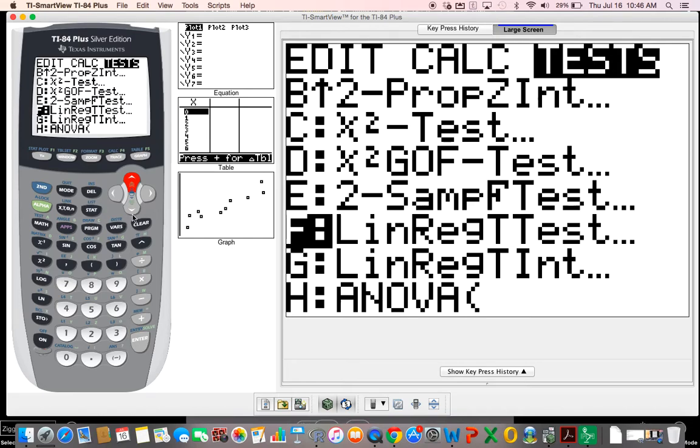Some of you have got LinReg T-Interval. Guys, we don't use that. It's LinReg T-Test. There are other ways on your calculator to do this, and I teach it this way because this is a consistent way with all types of calculators. There are certain calculators where, if I show you the way I would work it on my calculator, you won't have that option. You'll get limited information. This one works for all calculators. So this is the reason I teach it this way.